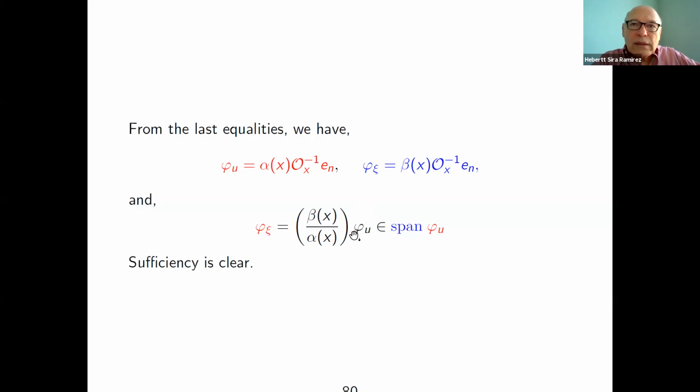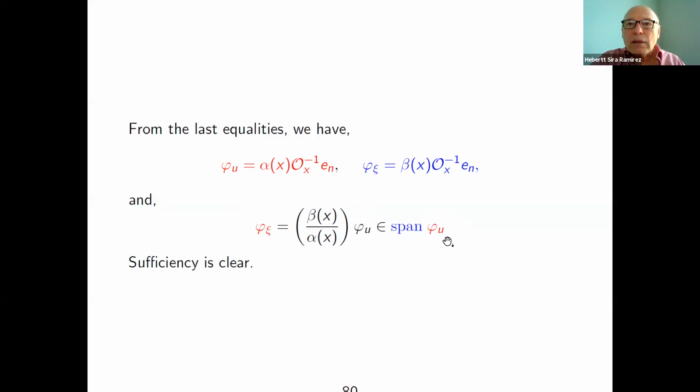We usually call this the input channel, and this is the disturbance channel in a linearized sort of fashion. But the relation between them clearly tells you that this vector is in the span of the other vector. This vector is in the same direction, possibly in the same one-dimensional space as phi sub u.